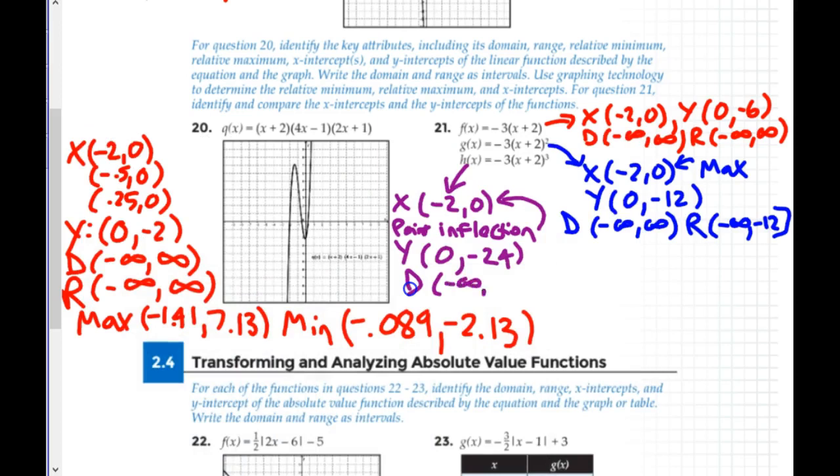Domain is negative infinity to positive infinity, and then the range is negative infinity to positive infinity.